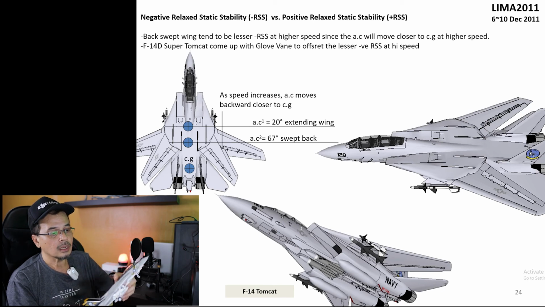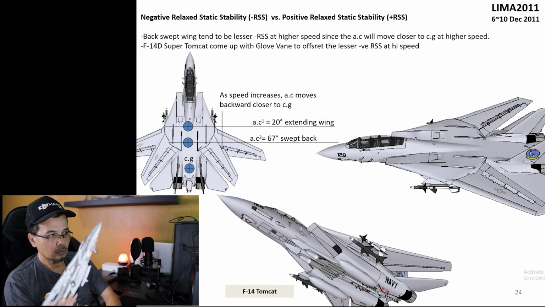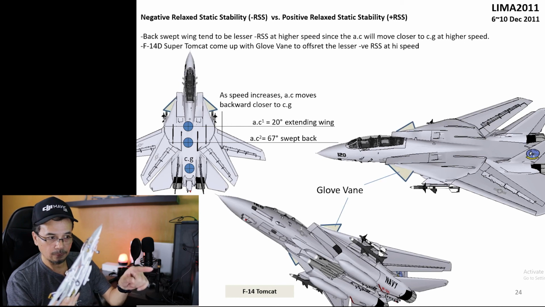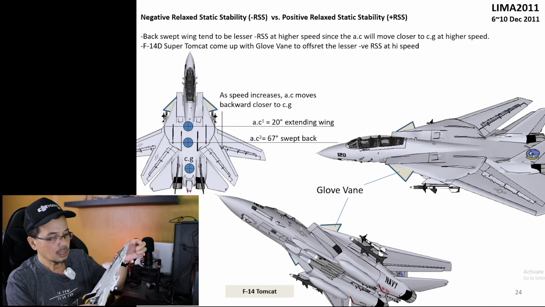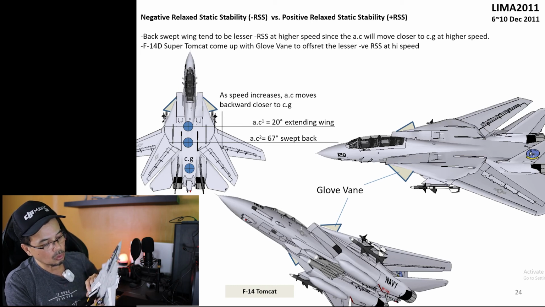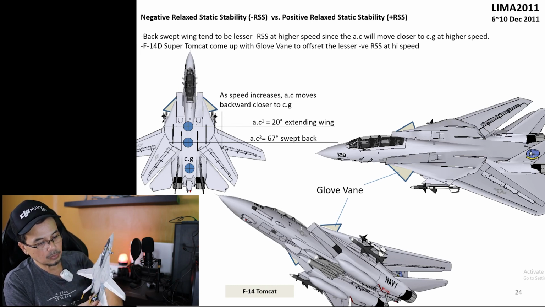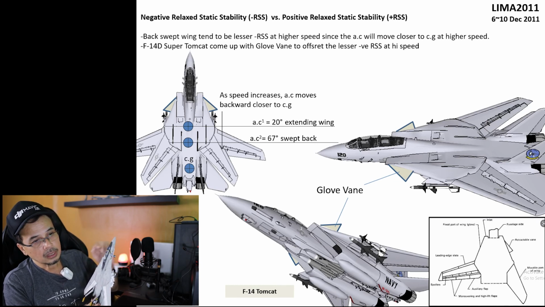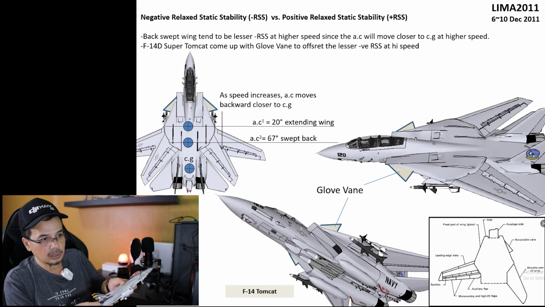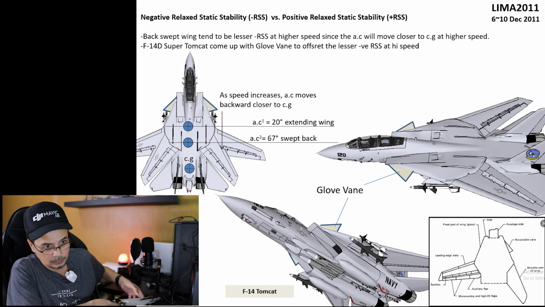Alright, so that's why kalau you aware, there are some versions of F-14 which are designed with what we call glove vane. Not all, ada certain, the testing, the design, the F-14 built in with glove vane. So when the wing swings back, which is AC is much closer to the CG, which becomes less unstable, the glove vane will be extended, akan keluar.